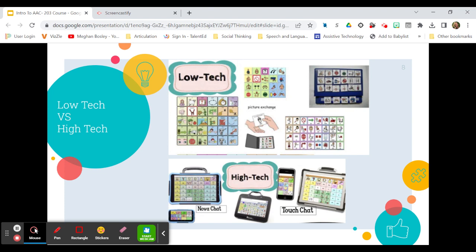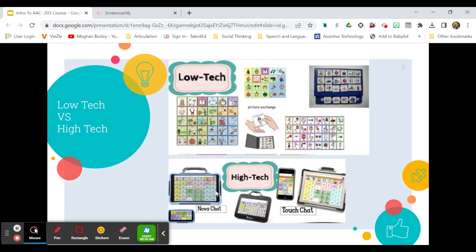You might use it like what we call a topic board, so picture supports for a vocabulary lesson. There might be some core words, which I'll talk about later. They might be in a book where people are exchanging them, or just pointing to a book and flipping through it. Low tech can also include sign language, gestures, those kinds of things.